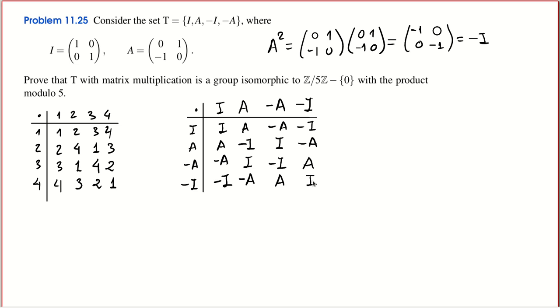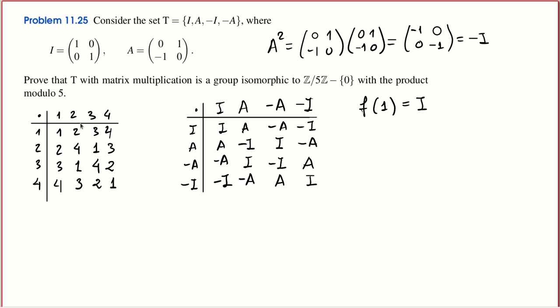These four matrices. Now, if you compare with this one, the mapping is obvious. F of 1, the identity, is obviously the identity matrix. There's no question about that. Then you can see that A can be identified with 2 because it appears every time there is a 2 in this table, in the same positions.